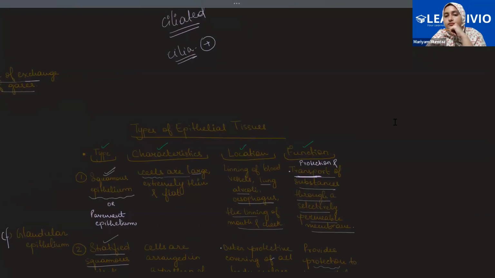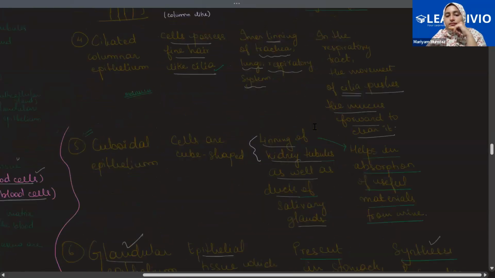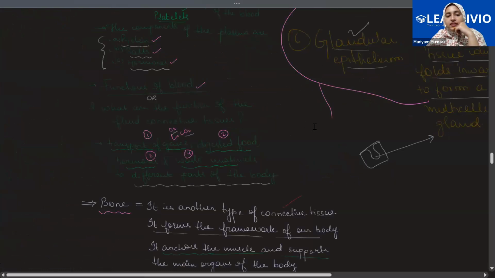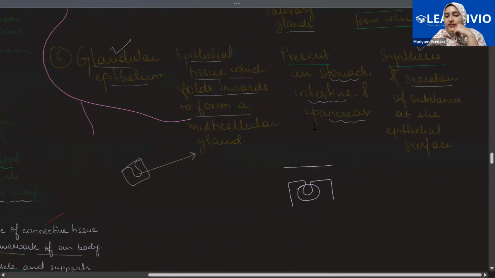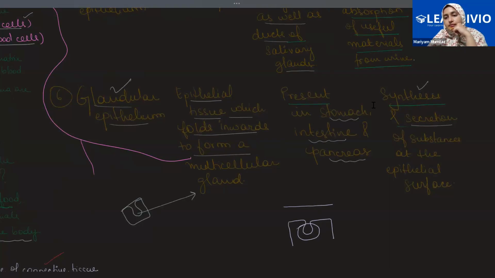Let's read in the table of the types of epithelial tissue. It was completed, yes, miss. So did you people have any difficulties in the various kinds of epithelial tissues, their functions and their locations? No, ma'am. Okay. What about you, Afreen? Did you have any difficulty?